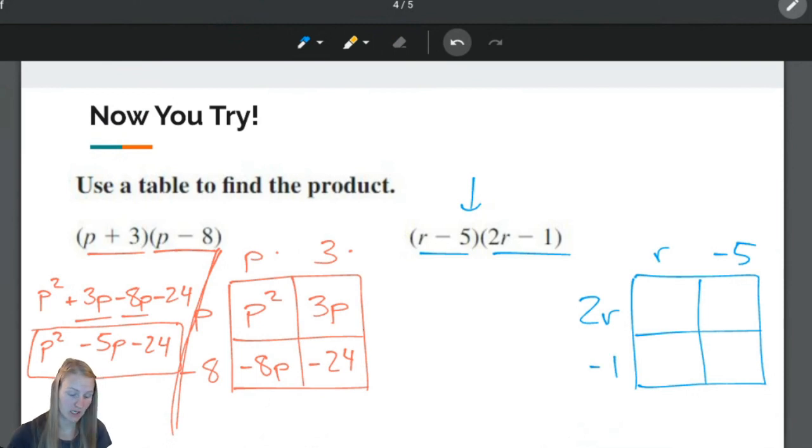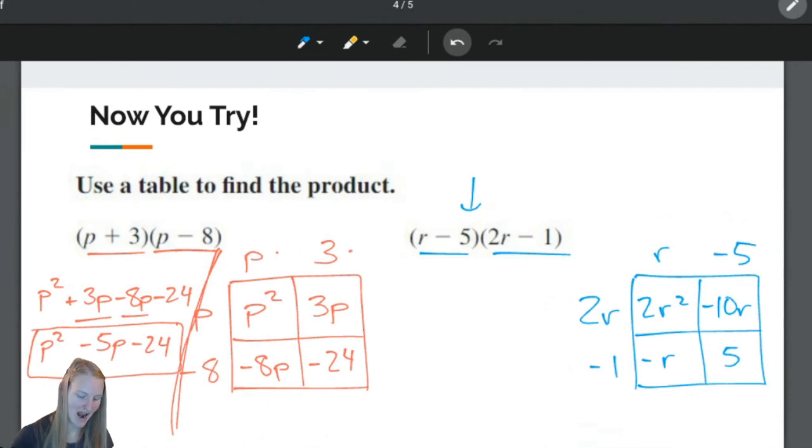And let's fill in our table. 2r times r is 2r squared. 2r times -5 is -10r. -1 times r is -r. -1r, but remember we don't need to write the 1. -1 times -5 is +5.